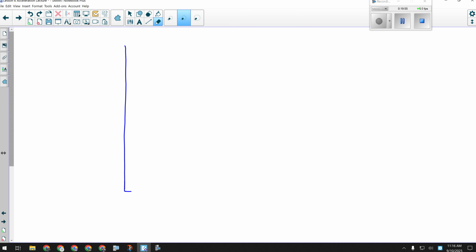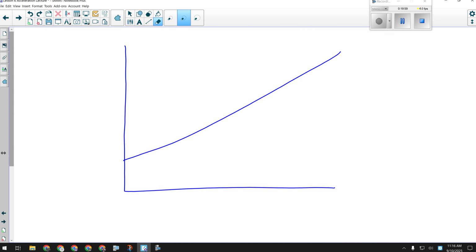If I have a graph that looks like this, and it's a velocity versus time graph, let's say I build this tomorrow in Google Sheets, and it spits out for me that y equals 3.2 times x plus 1.26.